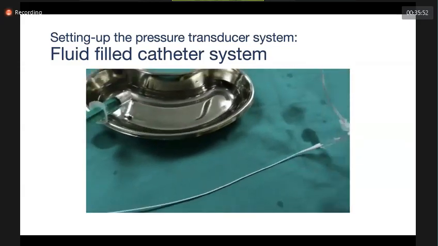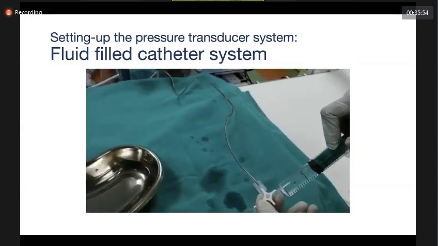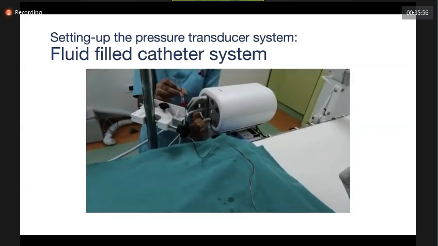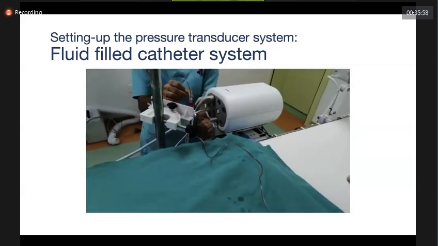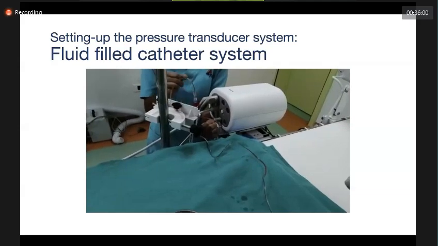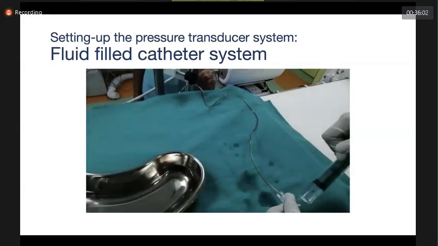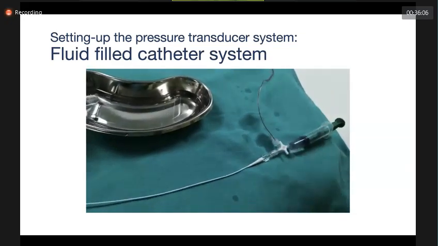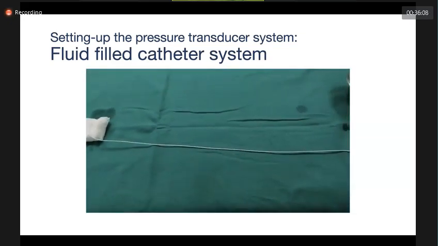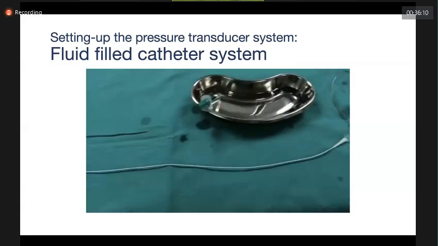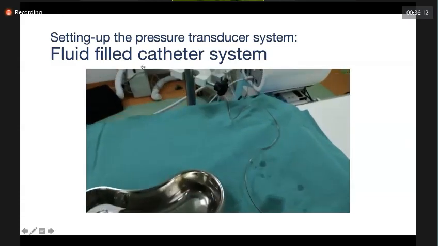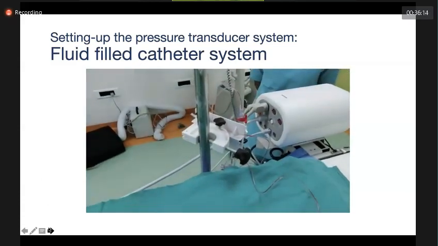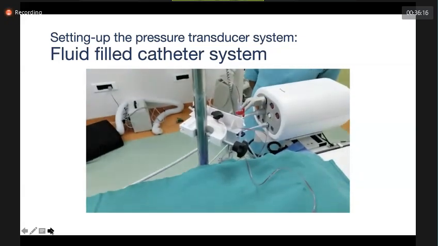While flushing, you are actually closing it properly. This is called a fluid-filled catheter system. Again, you are flushing the transducer. After that, you make it like that. So now your entire system is filled with fluid, and your pressure waveform is going to be absolutely perfect when you do the pressure waveform recording.